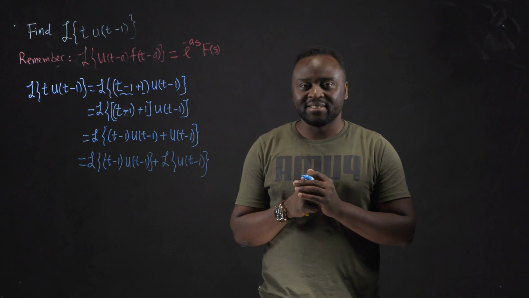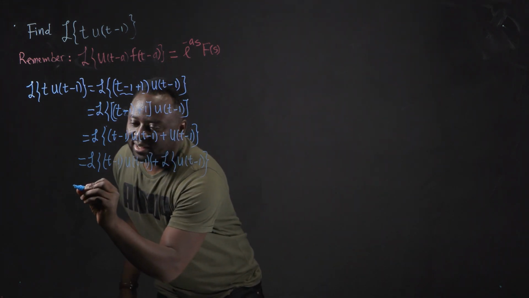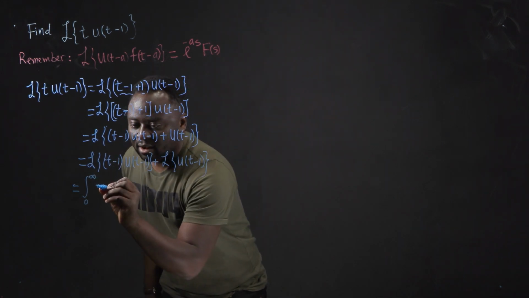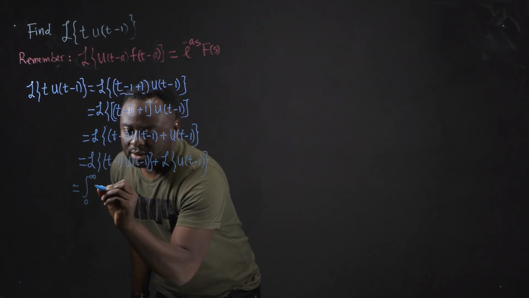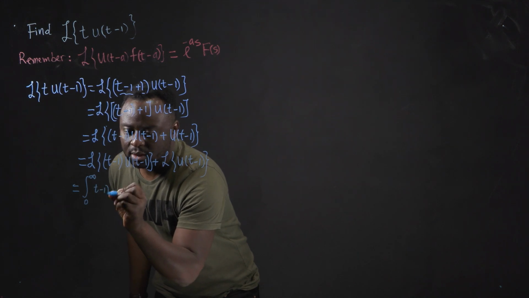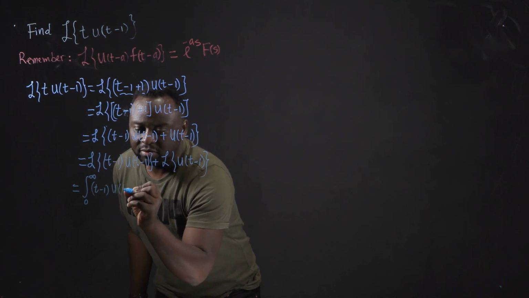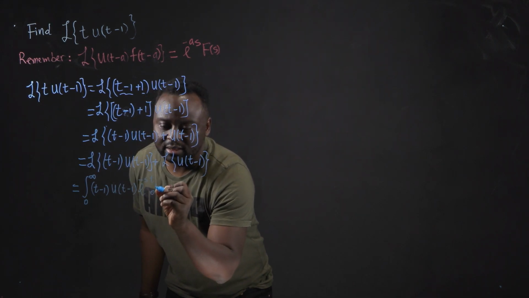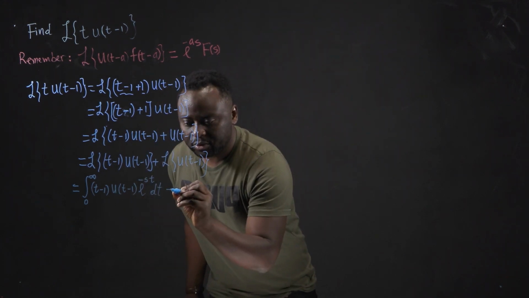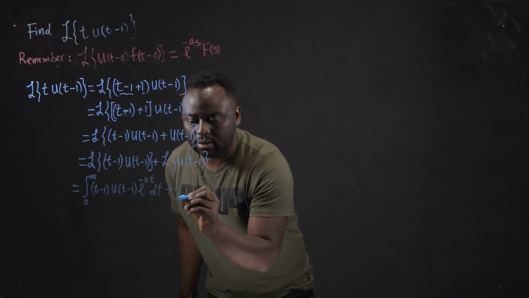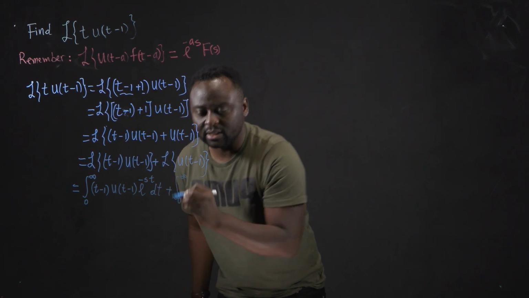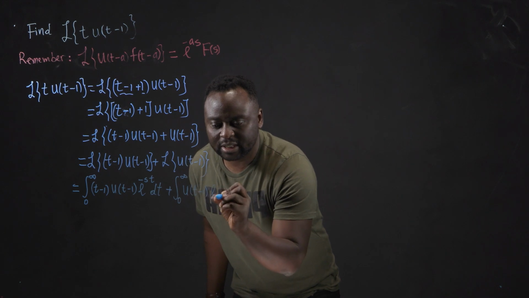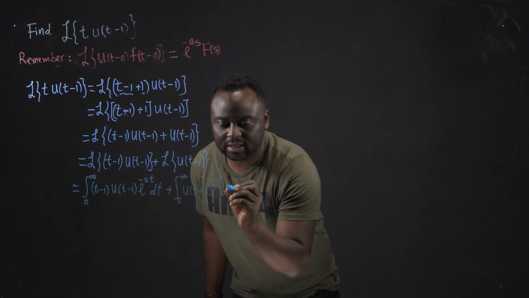By definition, this is the integral from 0 to infinity of t minus 1 times u of t minus 1 times e to the power minus st dt, plus, for the second part, the integral from 0 to infinity of u of t minus 1 times e to the power minus st dt.